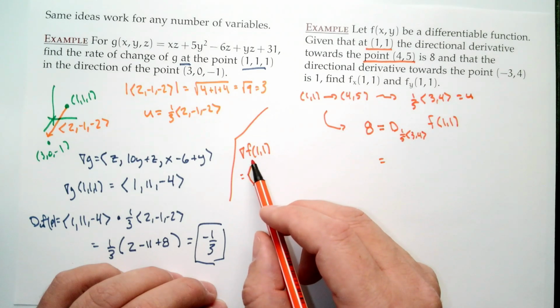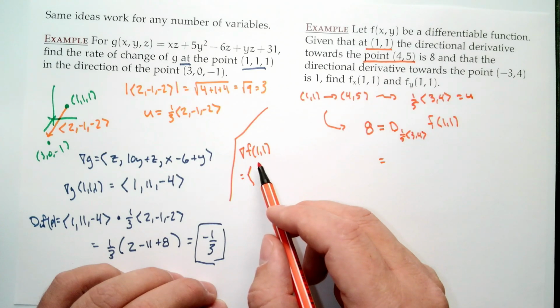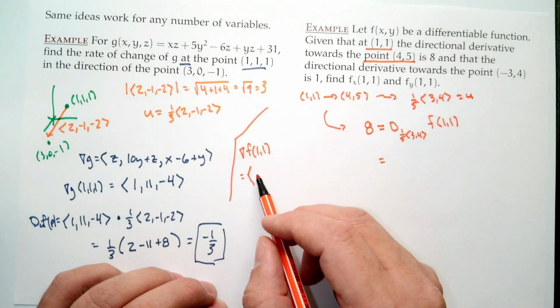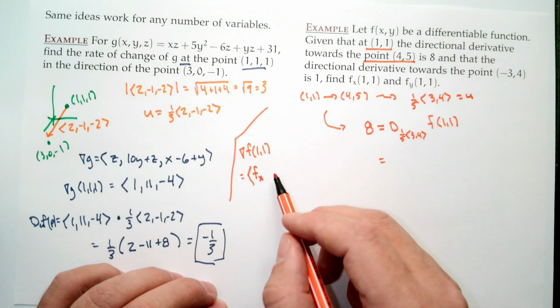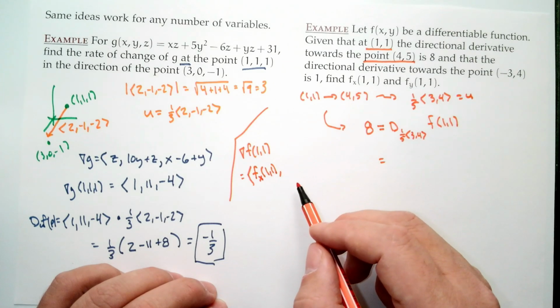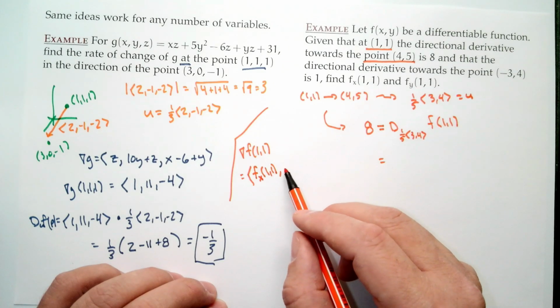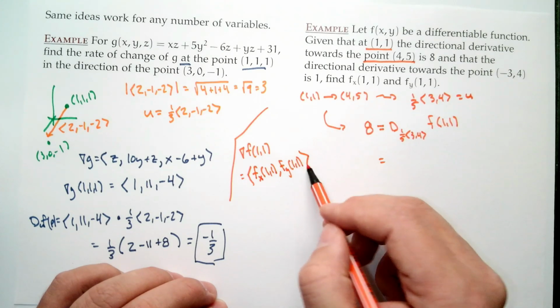The gradient of f consists of partial derivatives. The first entry is the partial derivative with respect to x, and you plug in (1, 1). What's the second entry? fy at (1, 1). So there's our gradient of f at (1, 1).